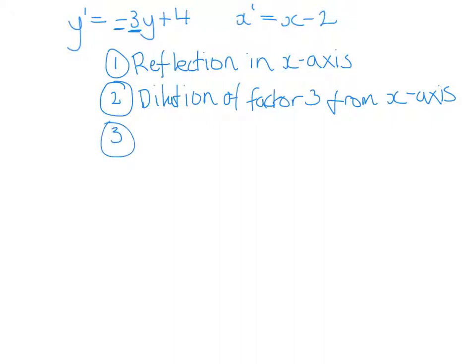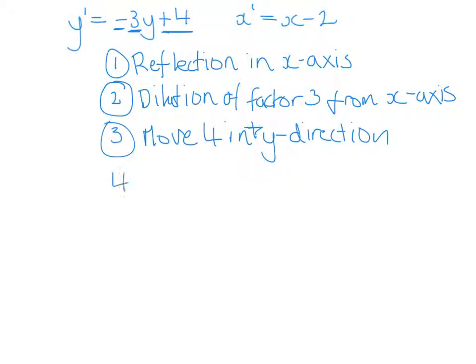And then we're moving in two ways. We're adding plus 4 onto the y, so that means moving 4 in the y direction, in the positive y direction, I suppose. And number 4, we're taking 2 from the x value, so that means we're going to be moving to the left.